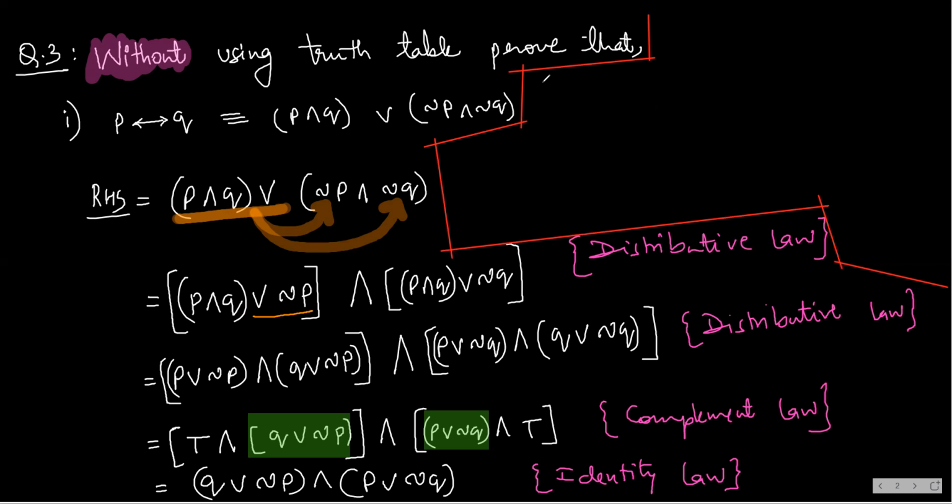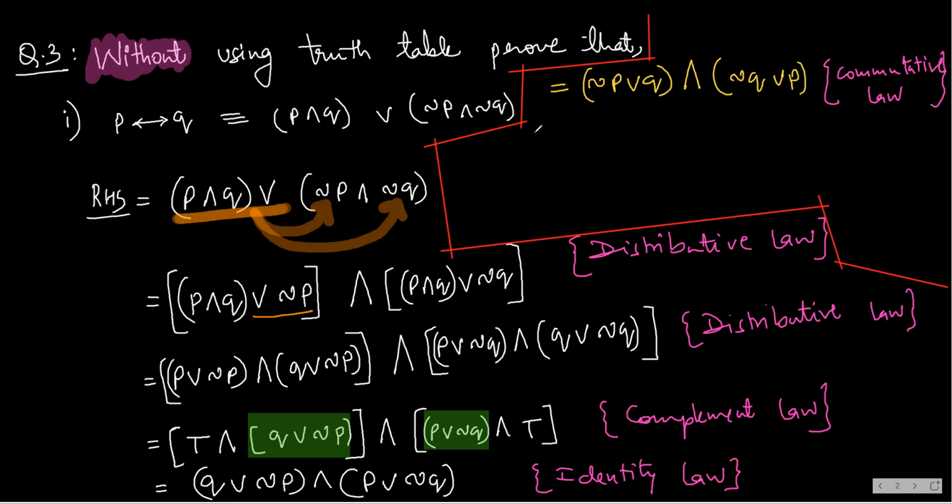Q or negation P. Can I write this as negation P or Q? Yes, commutative. If you have or, then you can always change the order. Commutative law. So Q or negation P is same as negation P or Q. And here I will write negation Q or P. The law here is commutative law.